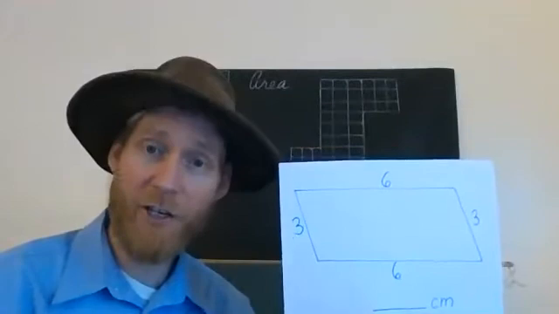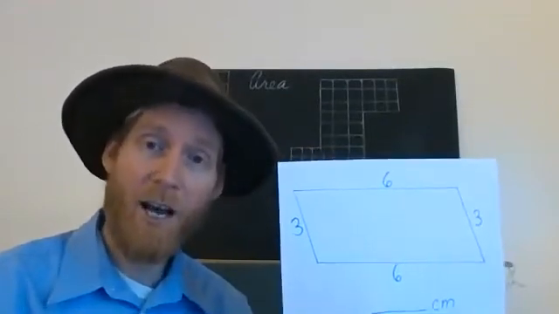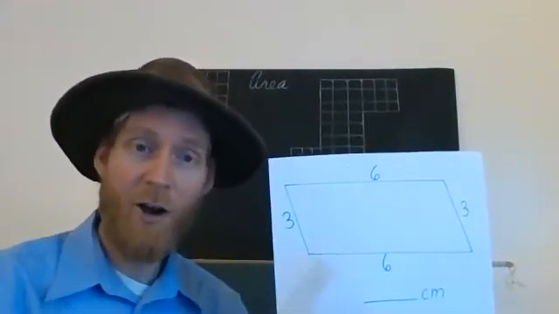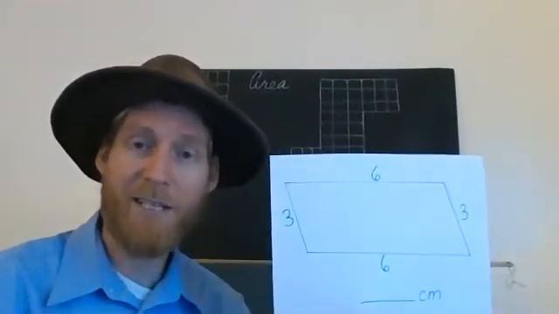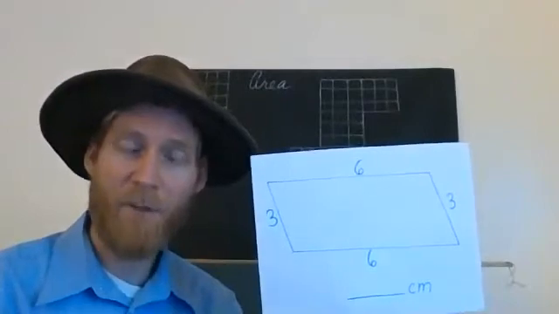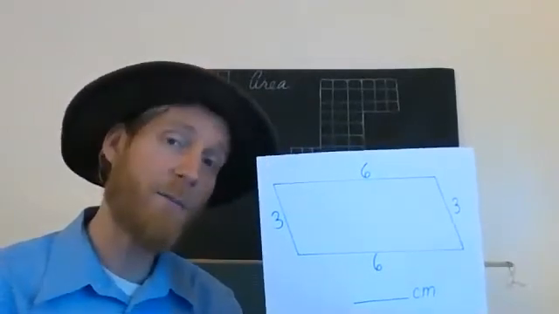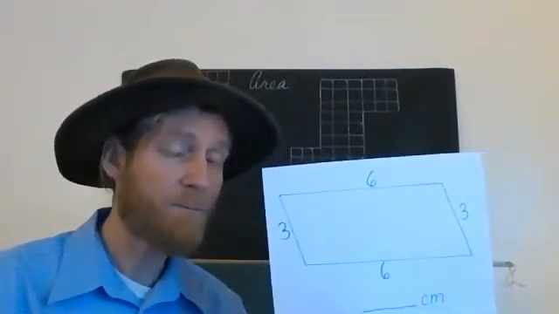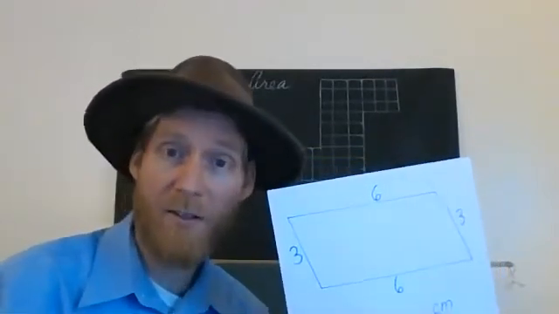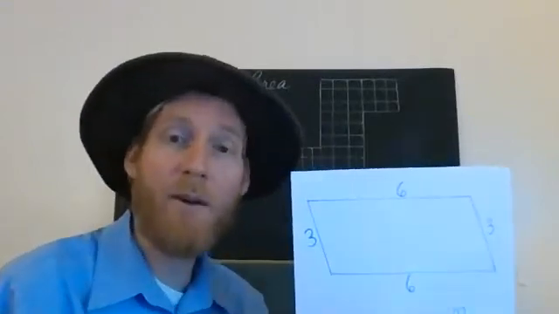You could measure the perimeter of your whole house and measure all the way along this way, all the way along this way. It probably wouldn't be slanted like this shape is, but you could do that. You could go inside one room in your house and find the perimeter of that room.